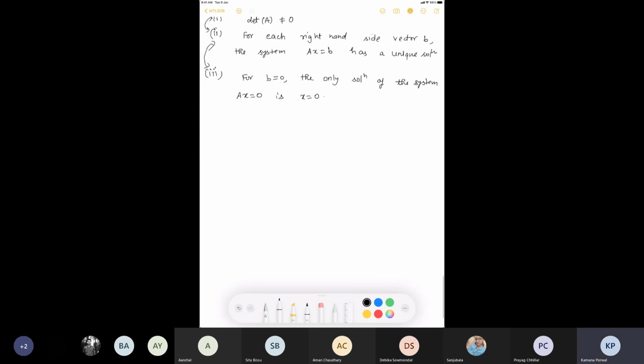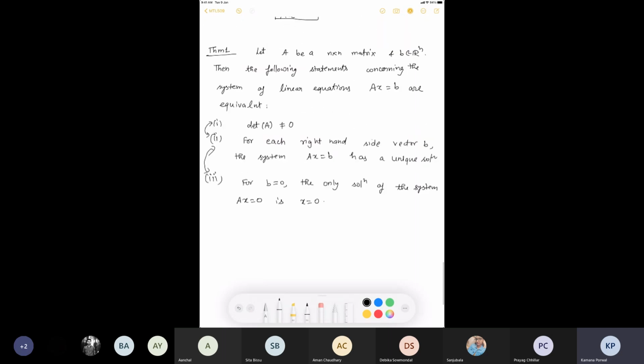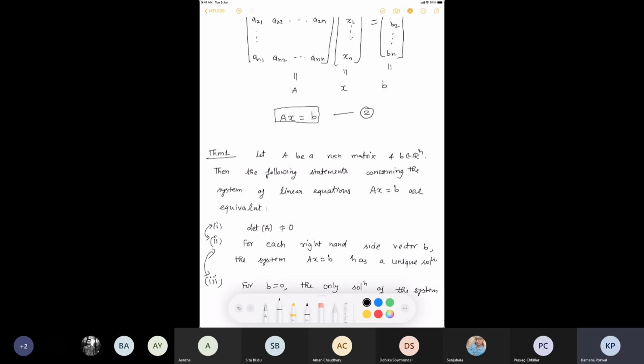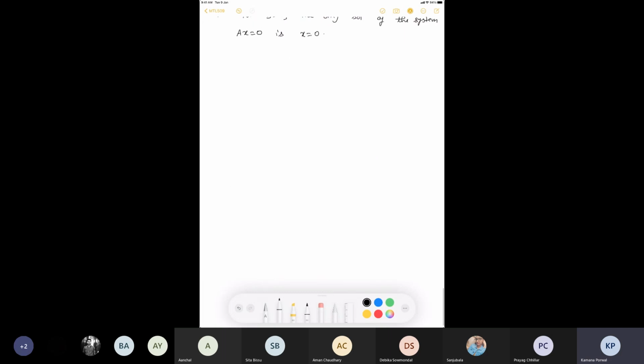Okay, so our interest is numerical methods to solve this system, right? We are interested in developing numerical methods to solve this system. Now, when we say numerical methods, there are two kinds of methods to solve a linear system of equations.